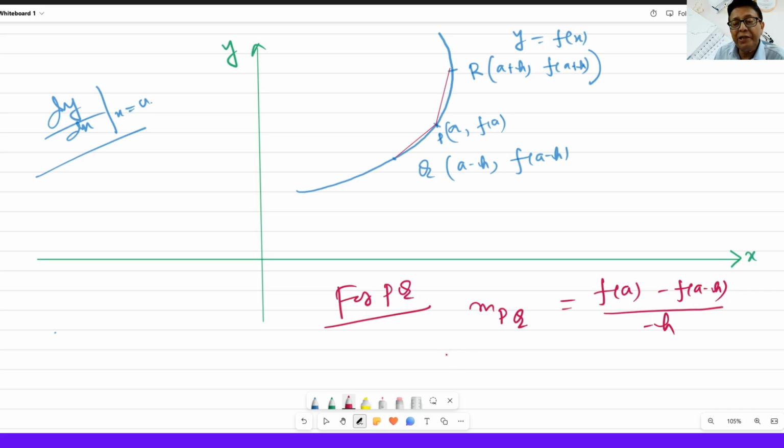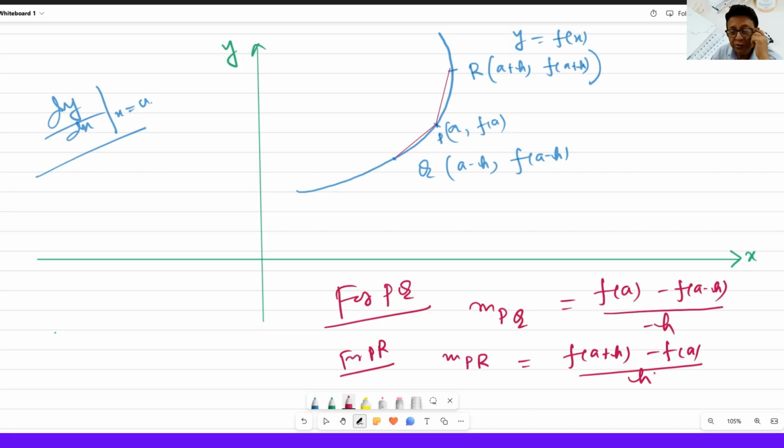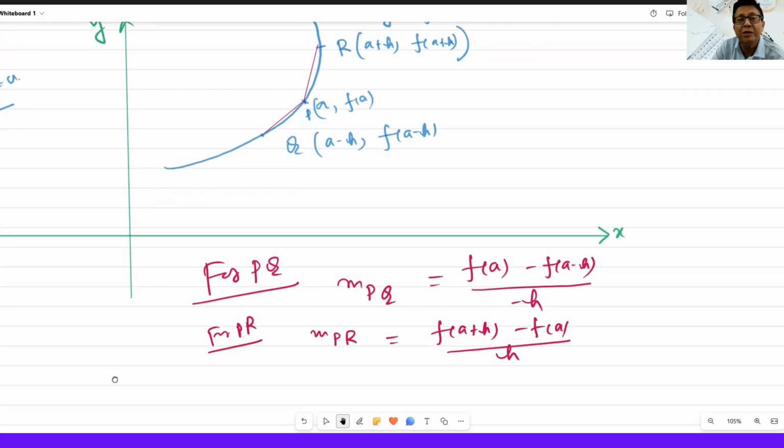What is m_PR? This is for PR only. m_PR is y2 minus y1 by x2 minus x1. So m_PQ you got, m_PR also you got. Are they equal? Under what condition they will be equal, we have to investigate. Firstly, they are not equal. It looks like they are not equal.